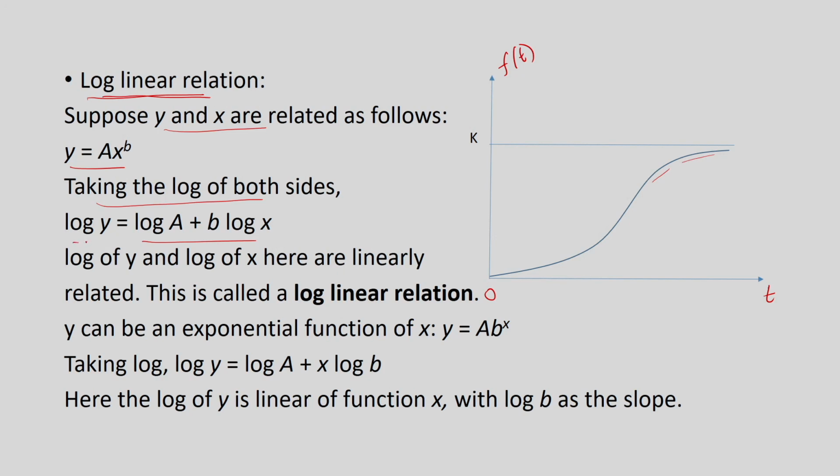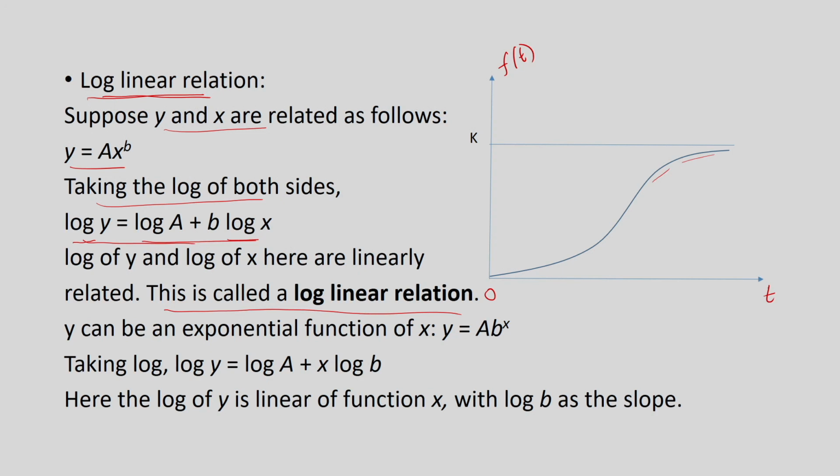From this I can see that log of y and log of x are related in a linear manner. Log of y you can think of as another variable altogether, and log of x as another variable altogether, maybe capital Y and capital X, so they are linearly related to each other. This kind of function is called a log linear relationship. It is a linear relationship, but the log of the variables has been taken first.